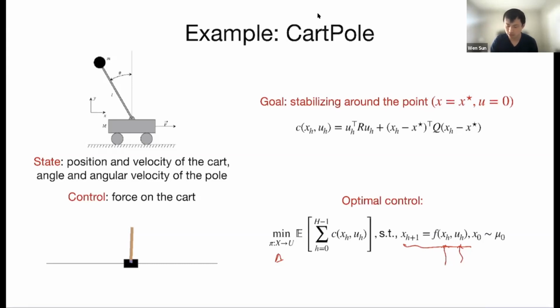But in most cases, we're not going to set these two matrices to have negative eigenvalues, for instance. That would mean that you're encouraging deviating further away from the goal state, or you're encouraging taking huge actions, right? That's usually not what we want to do in control.